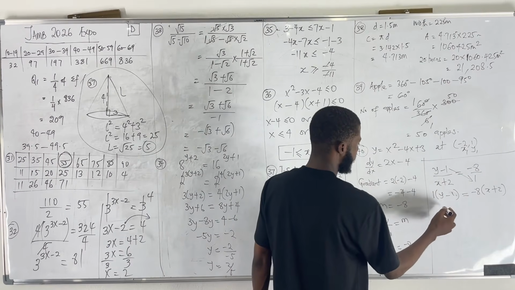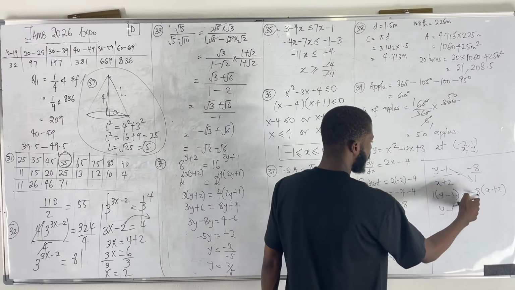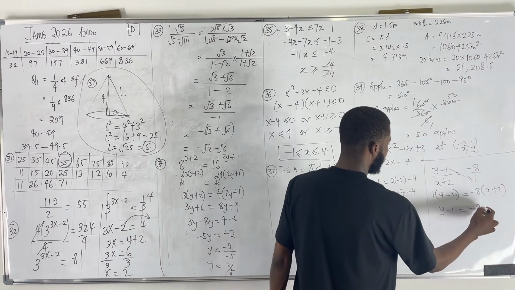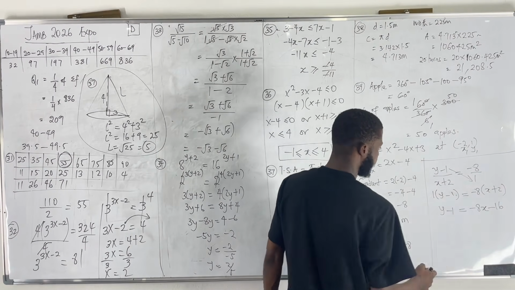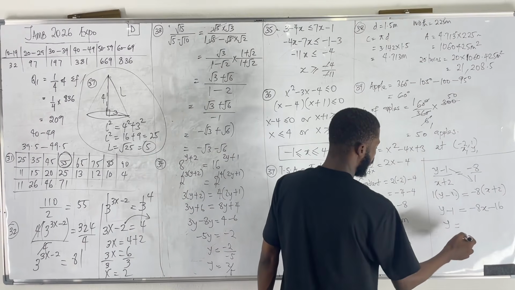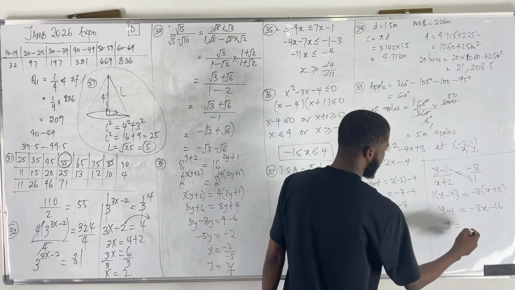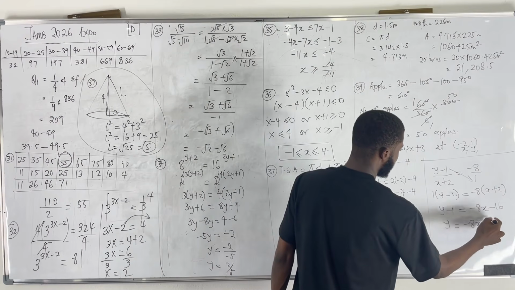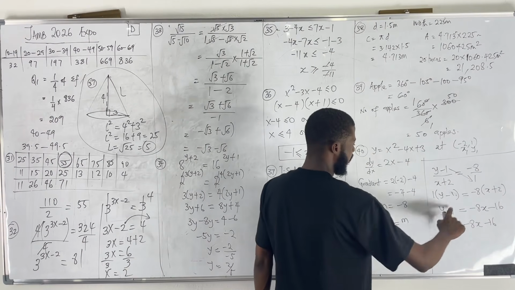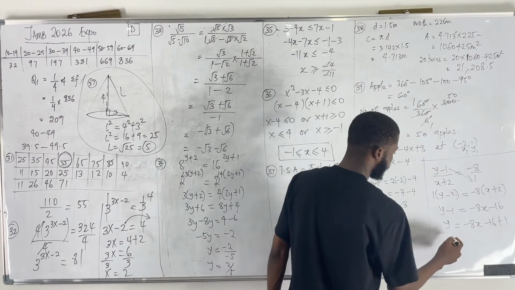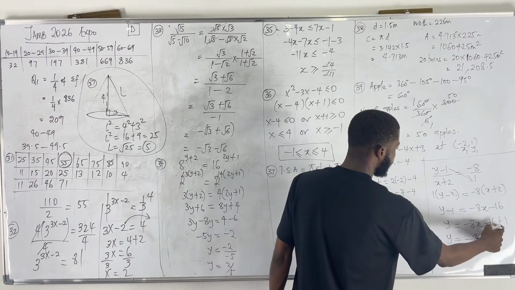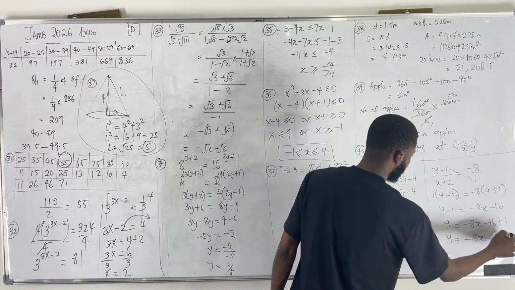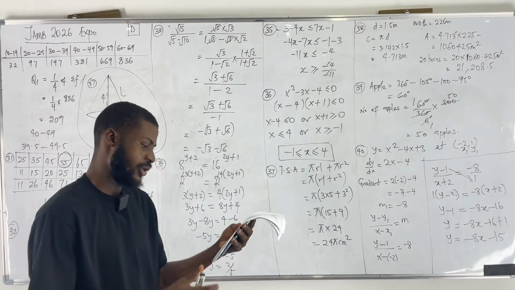So this is y minus 1 equals minus 8x minus 8 times 2, which is minus 16. So y equals, I can take this minus 1 to the other side: minus 8x minus 16, and if minus 1 moves over, it becomes plus 1. So y equals minus 8x minus 16 plus 1, which is minus 15. So that will become the answer to the equation.